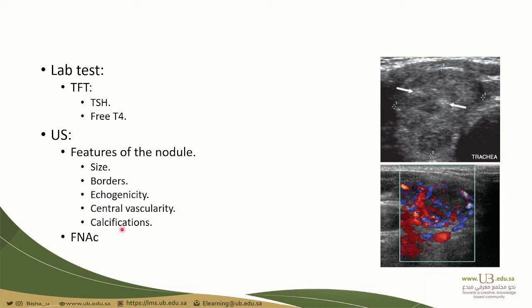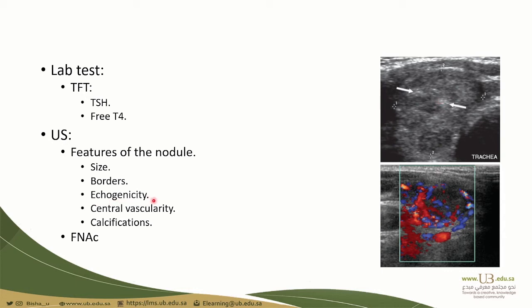And also you look for calcifications, which is very important, as microcalcification in this ultrasound will increase the suspicion of malignancy. And histopathologically, the microcalcification will be represented as psammoma bodies under the microscope. This is hypervascularity also, and it is central.